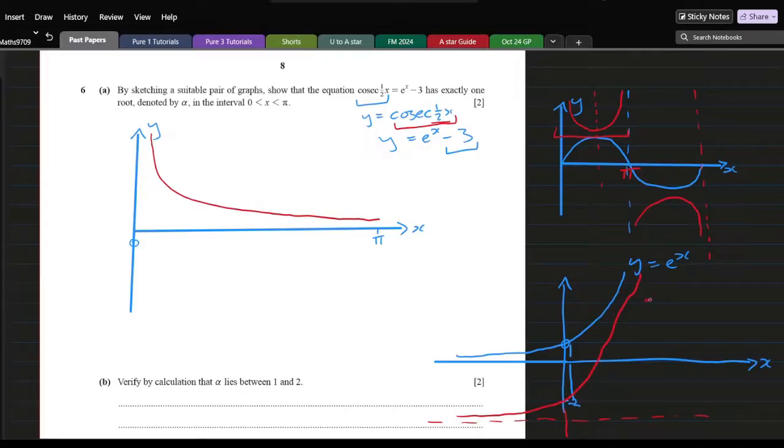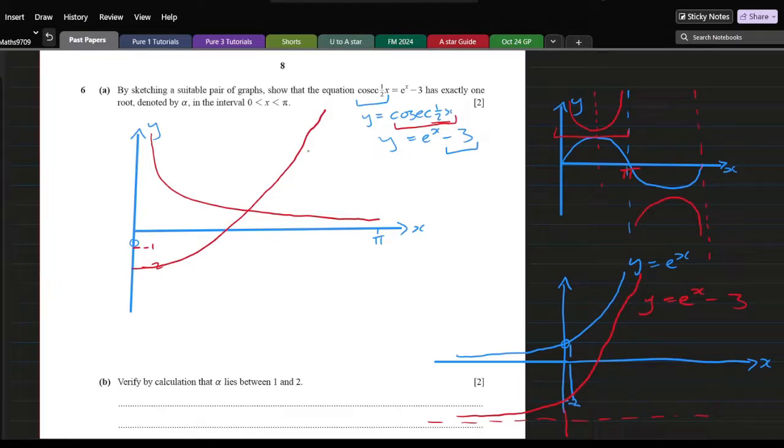This would be y is equal to the exponential of x minus 3. So let's say that's -1, this is -2. It means our function should be starting from this point. So our function would look something like this, right?